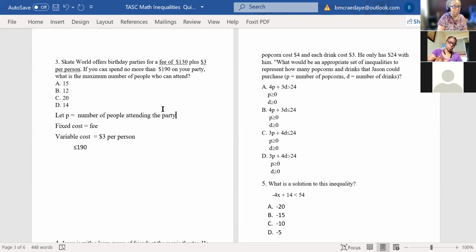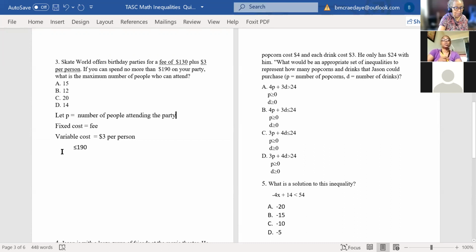That's what we're letting P be equal to. And they're paying $3 per person. So what would be the variable cost here? $3 times what? There's the variable right there. So 3 times what?